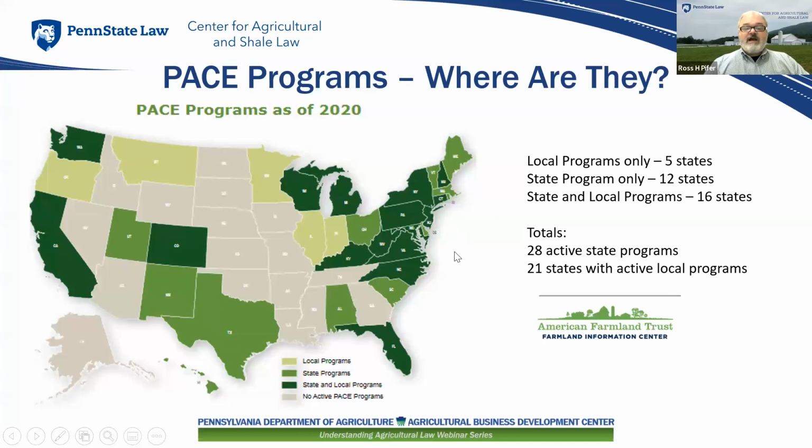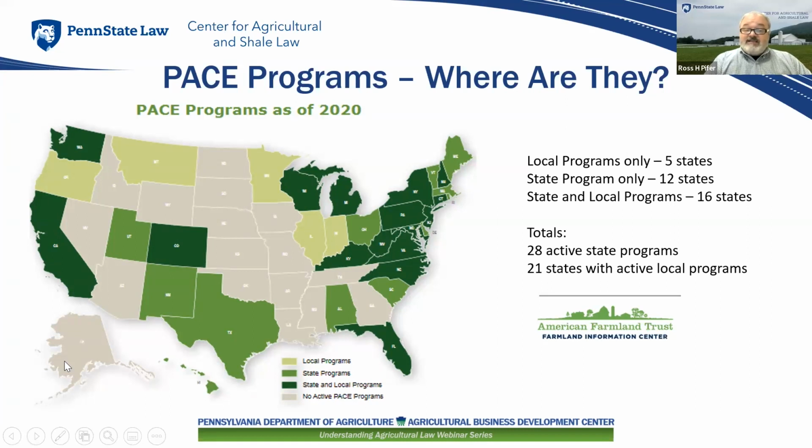Okay, so this graphic gives an illustration of what states have these programs. This graphic shows the states that have state programs, states that have just local programs, and the states that have both a state and local program. The dark green indicates those states that have both. Maps like this are always interesting, to see the differences and the trends across the country.